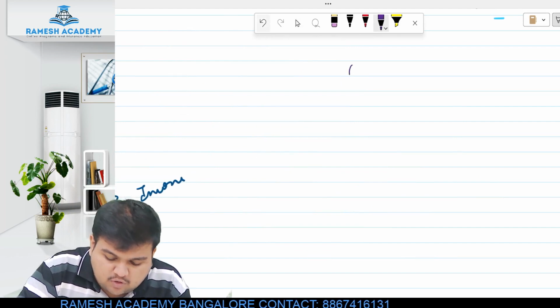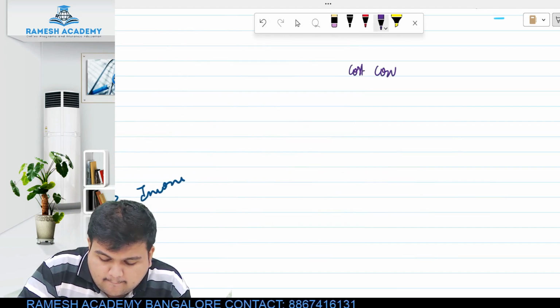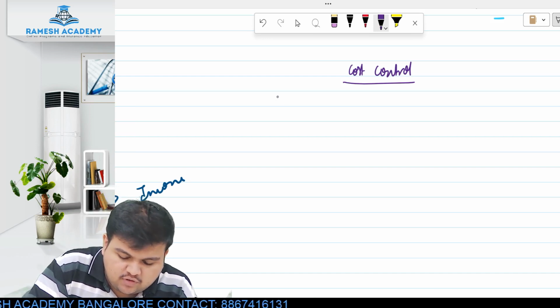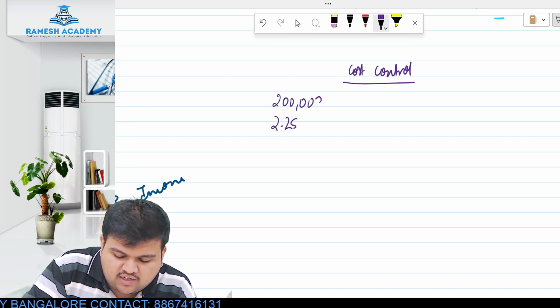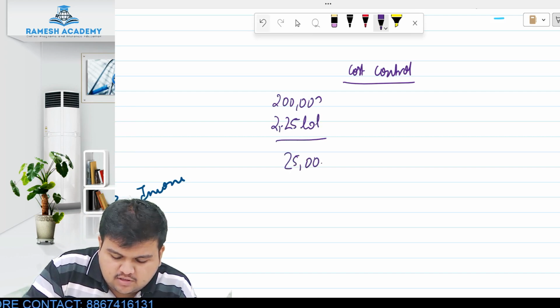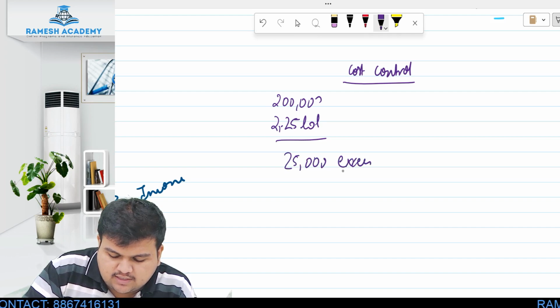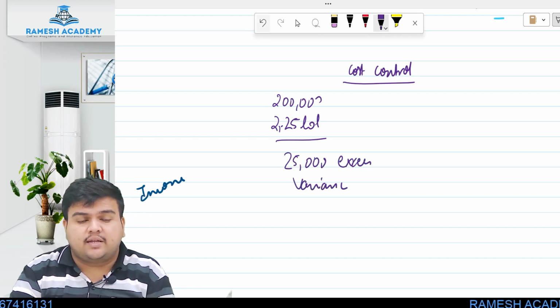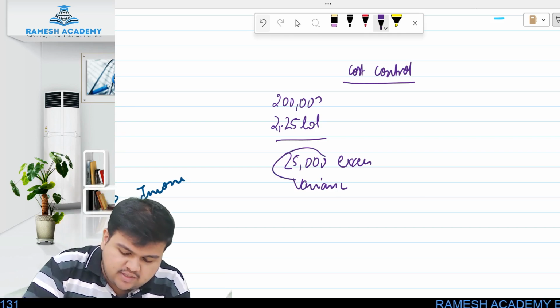A small example, cost control. You find any variances. You put a target that your total cost should be 2 lakh rupees, but you incur 2.25 lakh rupees. Okay, so the 25,000 rupees excess you have incurred, that is a variance. You implement certain techniques to reduce that variance.